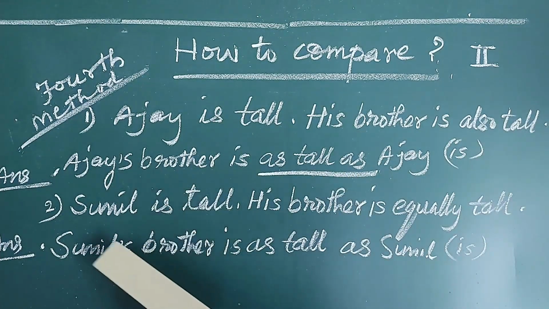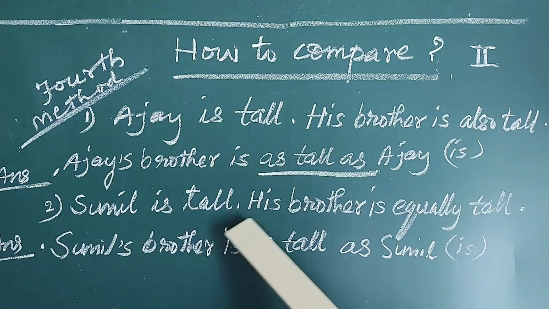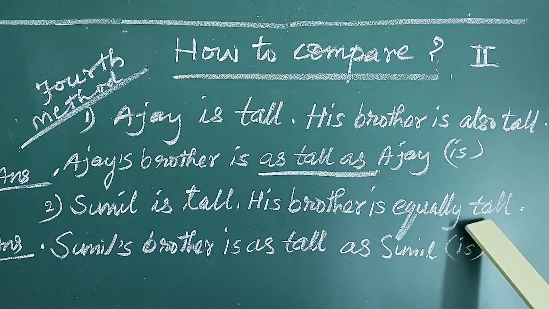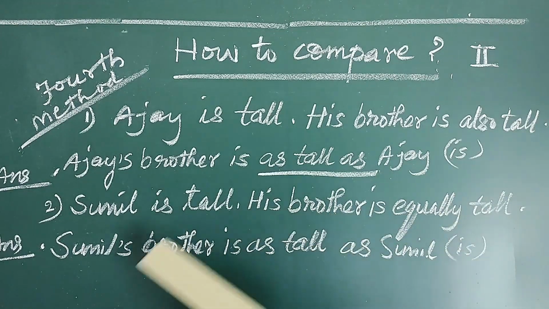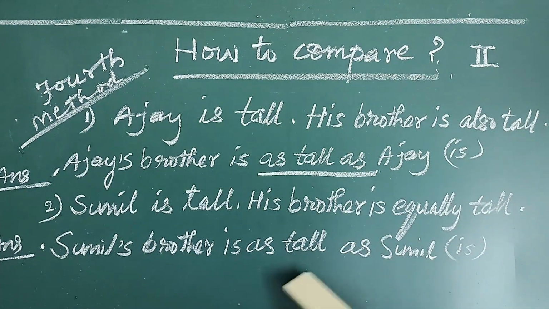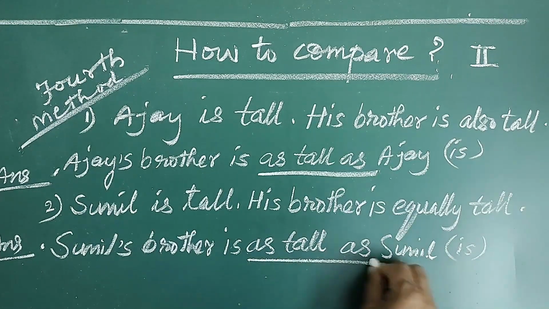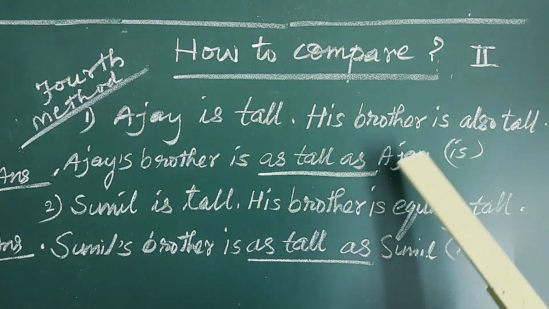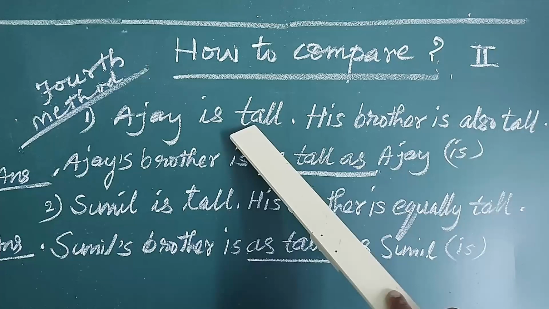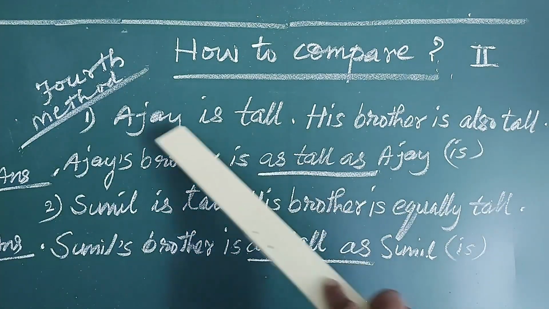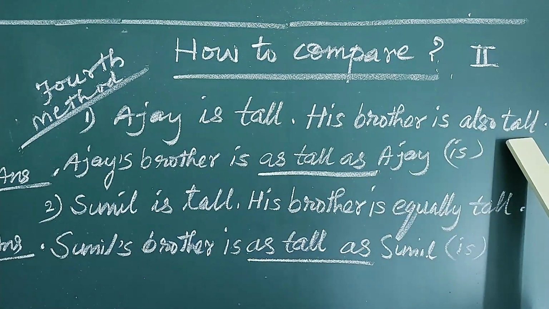So again let us see. Sunil is tall, his brother is equally tall. That means both are of the same height. In that condition, Sunil's brother is as tall as Sunil. Now we are again saying as tall as. So from the examples we have to find out: in one sentence also tall is written, therefore the quality of tallness between these two people is the same.